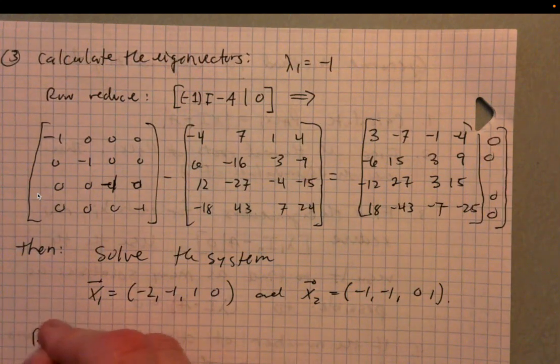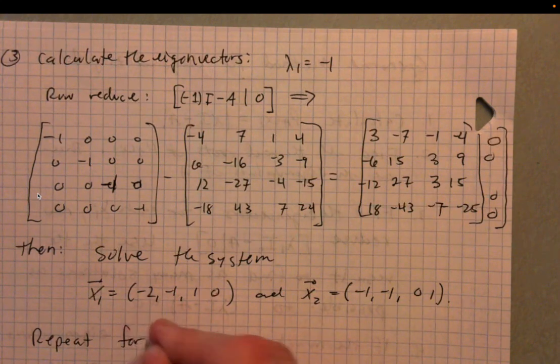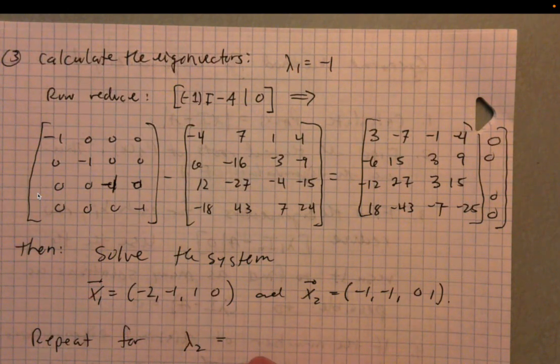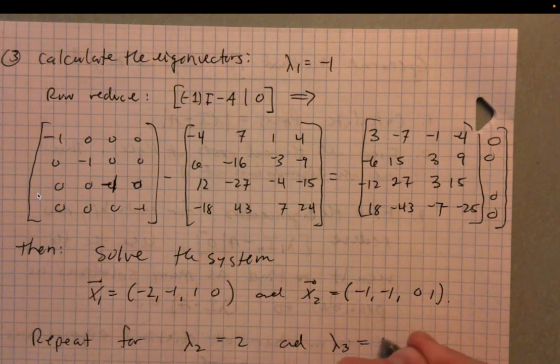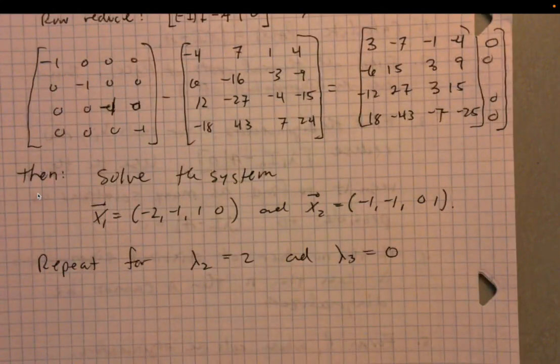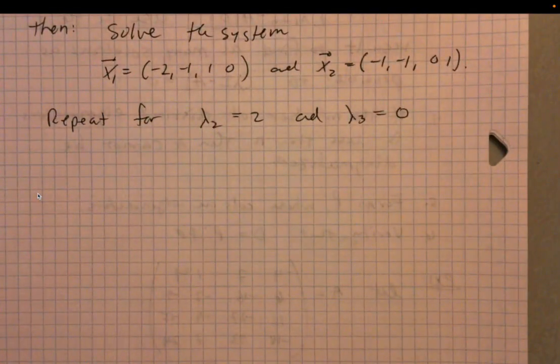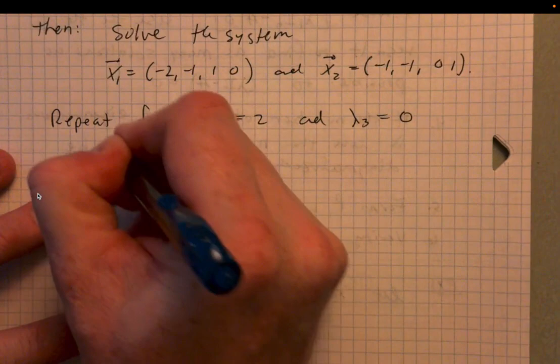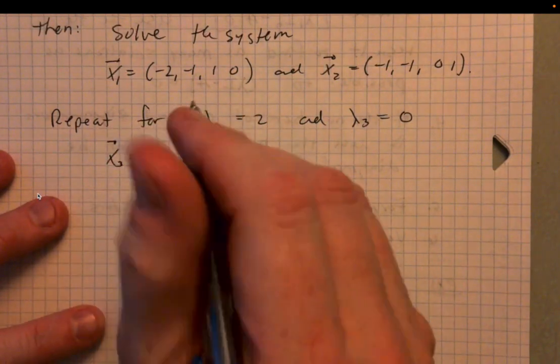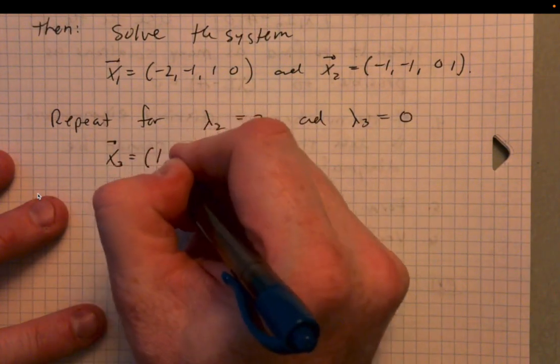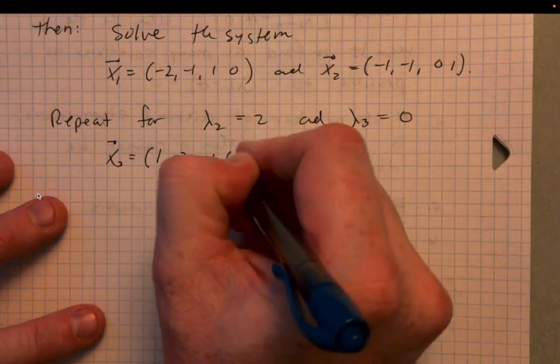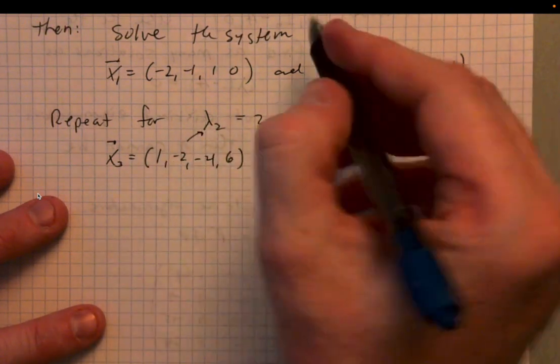Then you have to repeat this process for lambda2. What was lambda2? Lambda2 was 2, and lambda3 equals 0. So you have to repeat this process a couple more times, and there's really no getting around that, but you can get a couple more eigenvectors. x3 equals 1, -2, -4, 6, and that corresponds to lambda2.